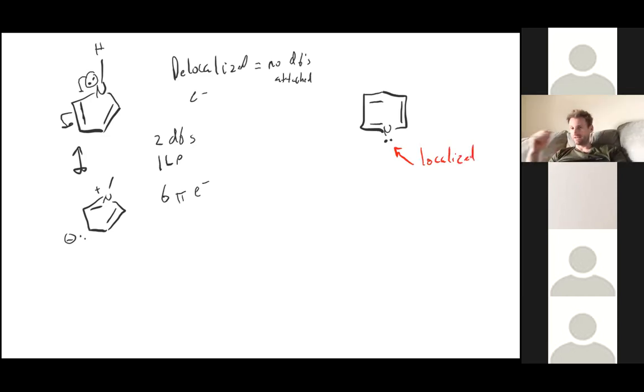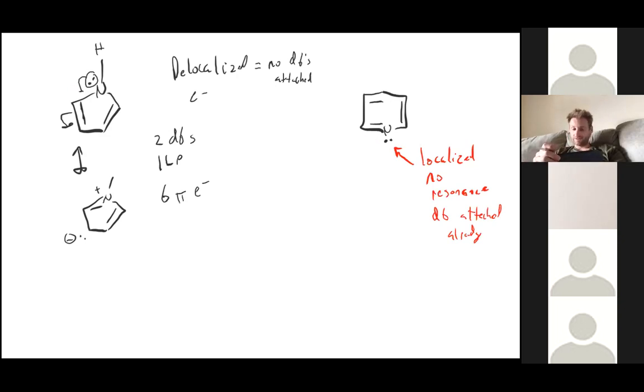They can't partake in any sort of resonance. They also have a double bond attached to them. It's right here. It's currently attached to them. This, on the other hand, just has a bunch of single bonds attached to it.